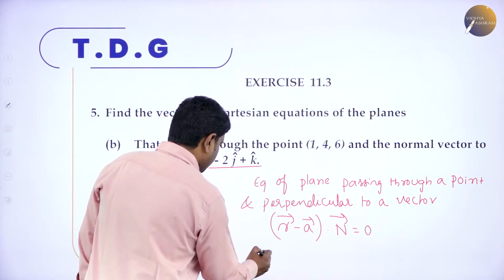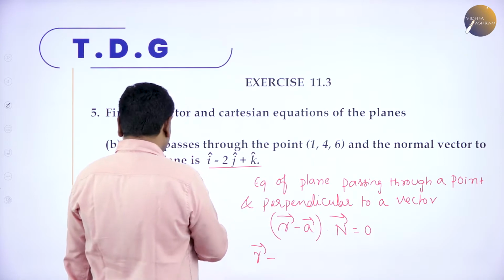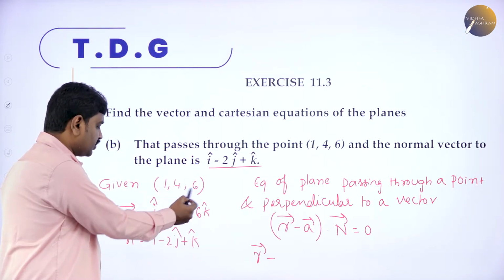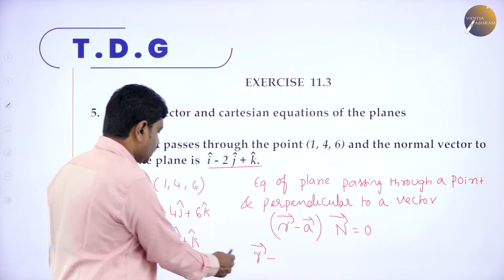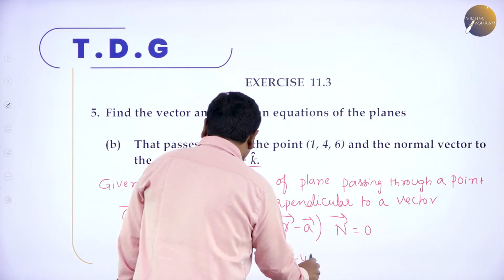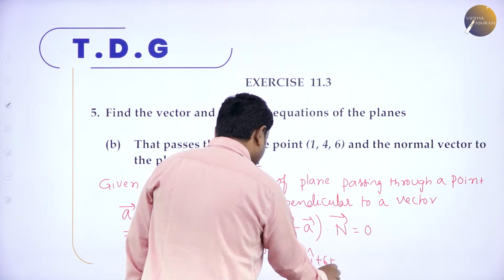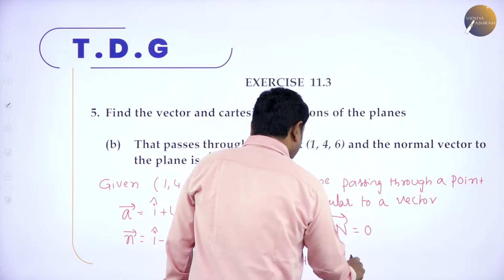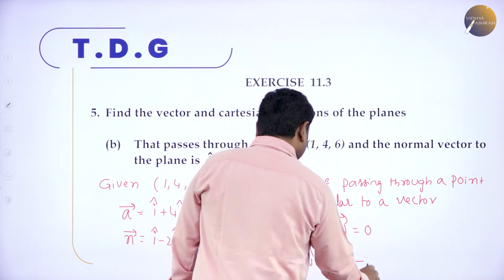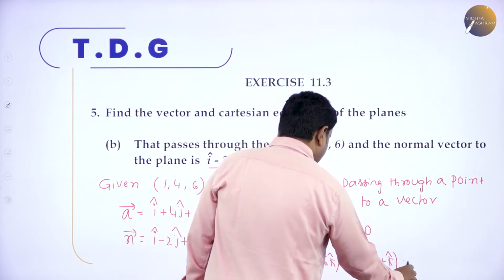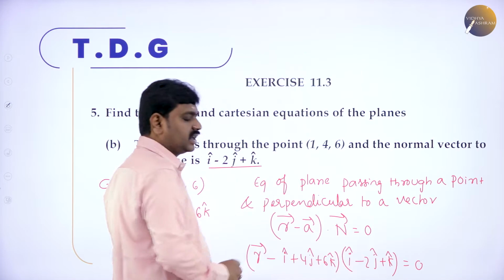What is a? a is the position vector of the point, 1 4 6, that is 1 i cap, 4 j cap, 6 k cap. So (r minus (i cap plus 4 j cap plus 6 k cap)) dot n. What is n? i cap minus 2 j cap plus k cap. This is n. This is the vector equation.